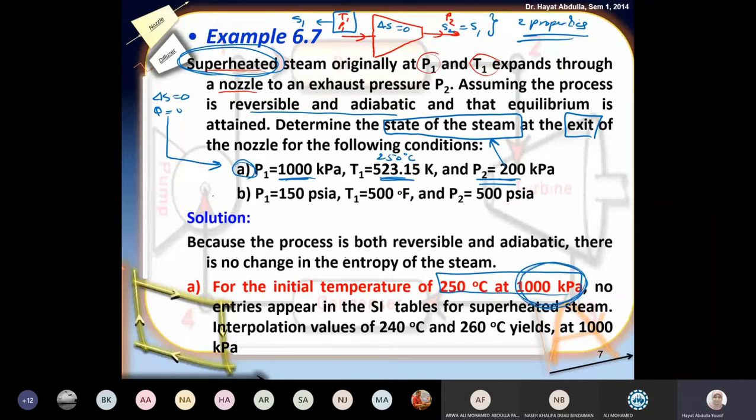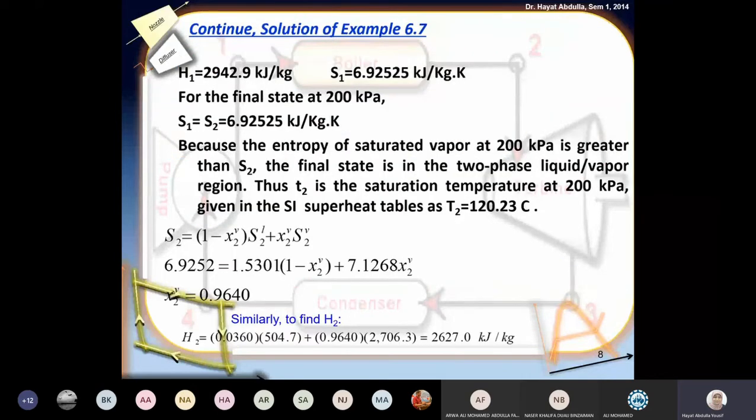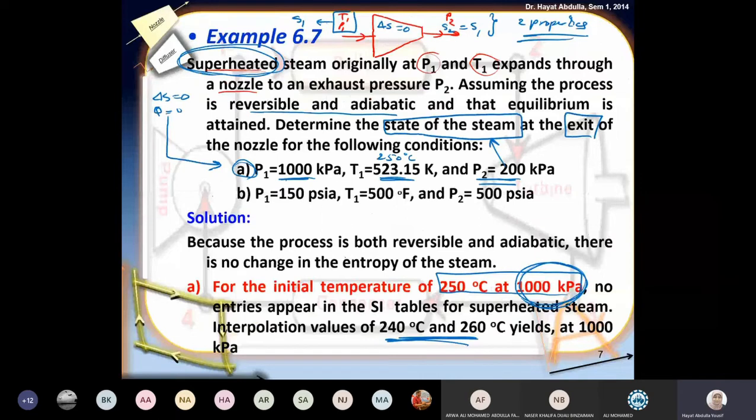So you will find this pressure, then go horizontally and find out at 250 degrees C how much the entropy is. You will find that 250 is in between 240 and 260. In other words, you will need to do interpolation. In this question in particular, because 250 is exactly in the middle between 240 and 260, maybe no need to do interpolation, but get the average of the properties S at 240 and S at 260 and just average them, because it's exactly in the middle.